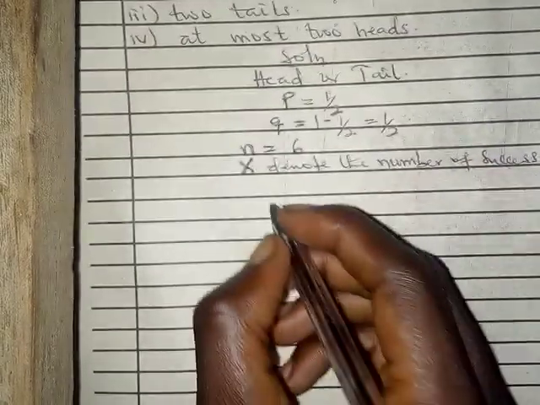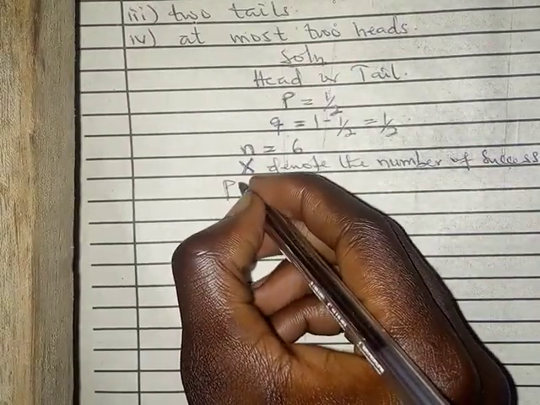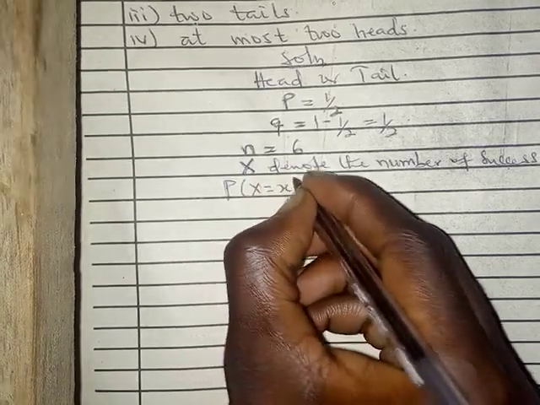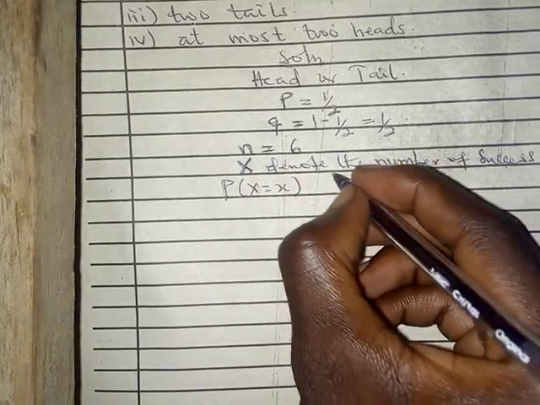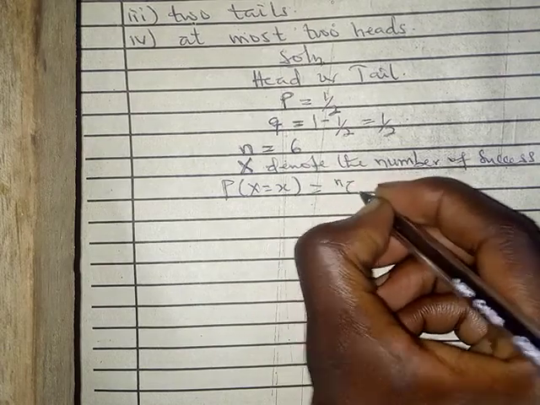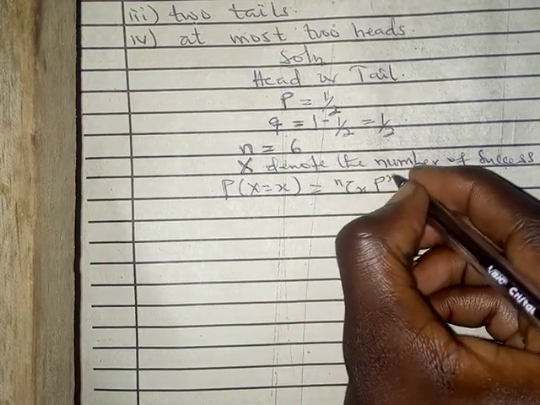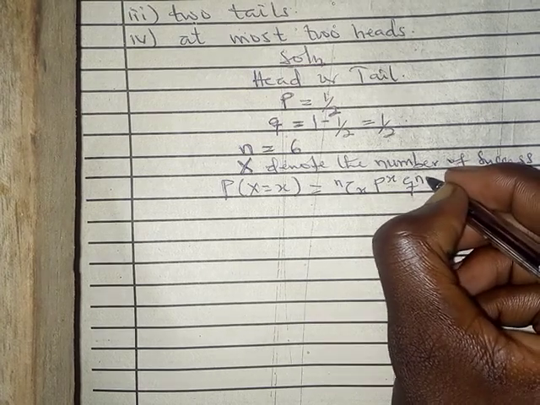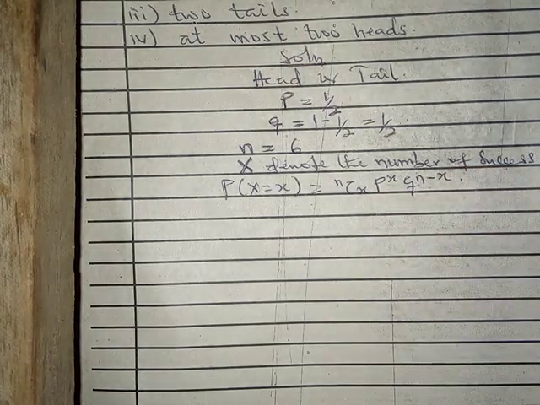It means that for each x, P of x is given by n combination x, p to the power of x, q to the power of n minus x, as has been explained here.